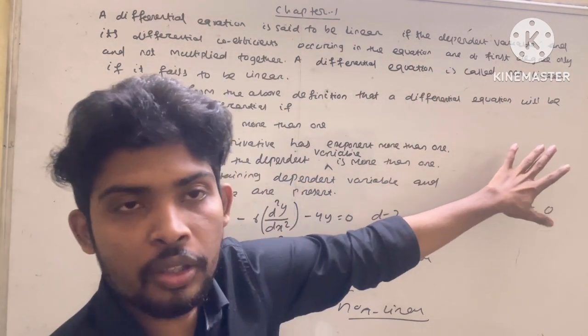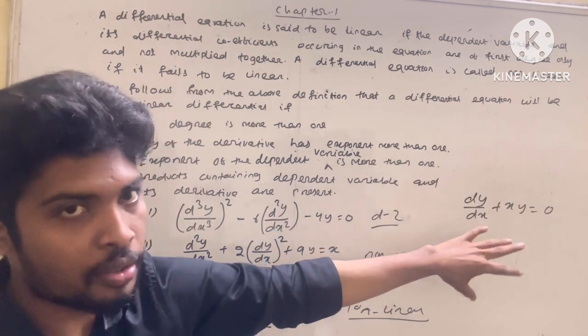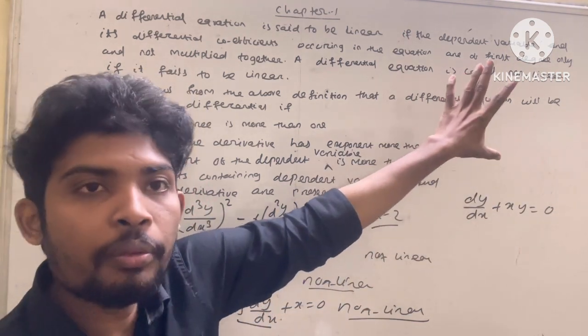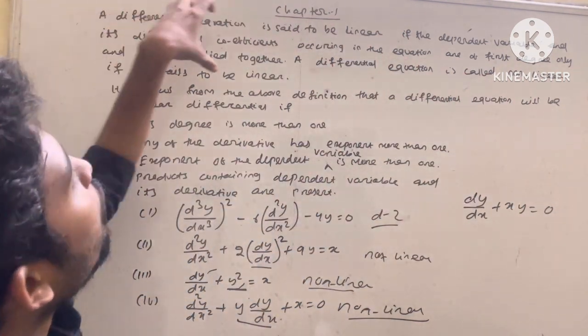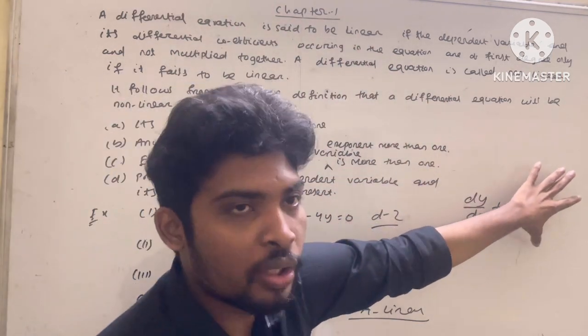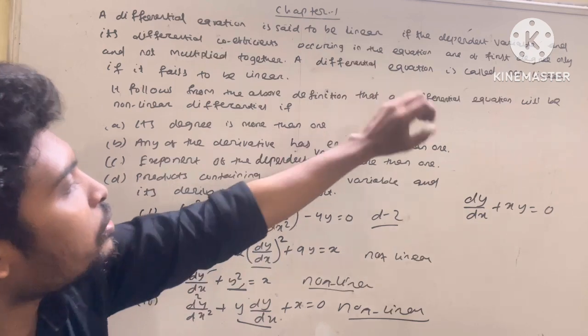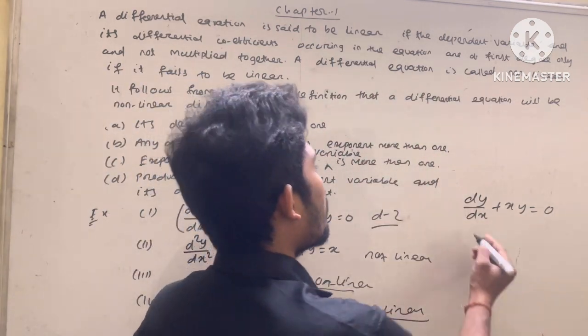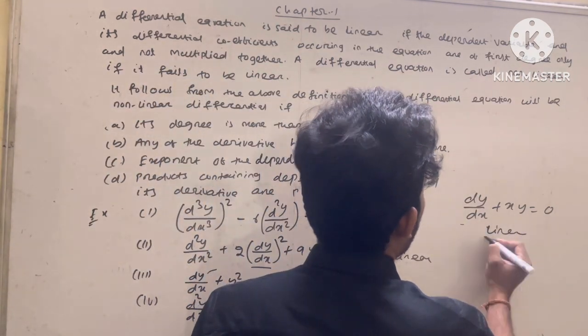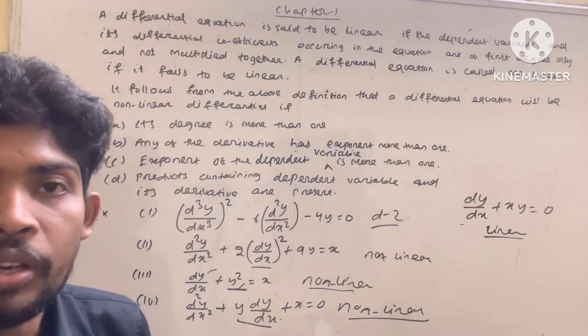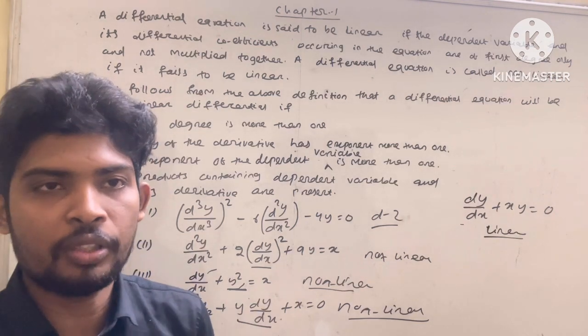Here the derivative and y have exponent 1 and are not multiplied together, so there is no product of a derivative and the dependent variable. So that's why this is a linear differential equation. It is very clear. I think you have to understand linear and non-linear differential equations.